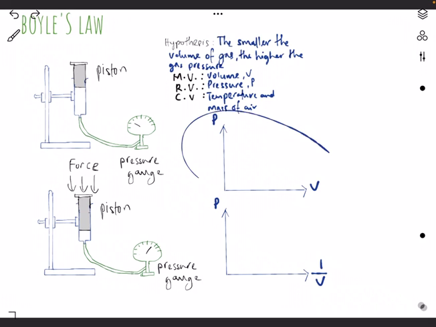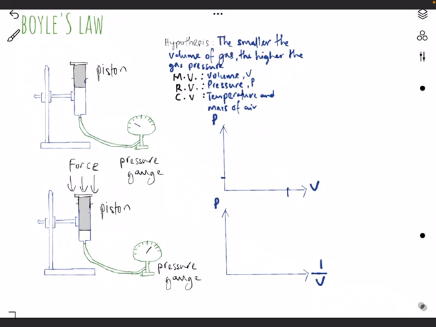So when you try to draw the graph, you need data. From the experiment, we find that when the volume is high, okay, let's say the volume is high here, then the pressure is low.